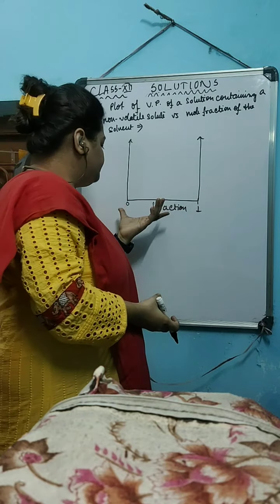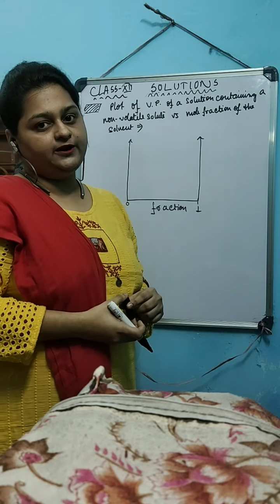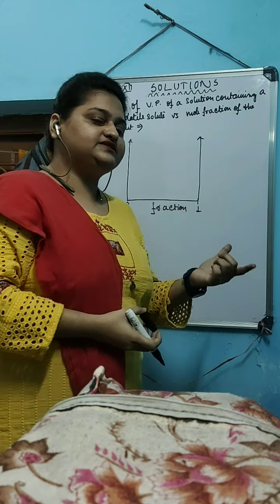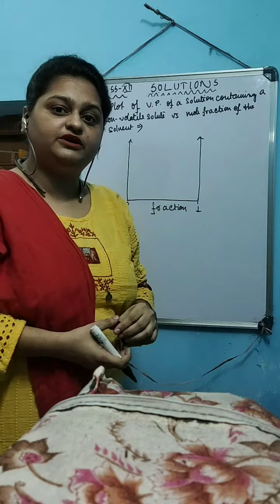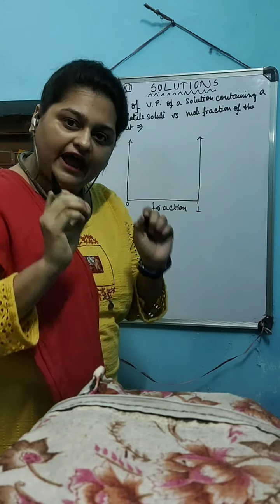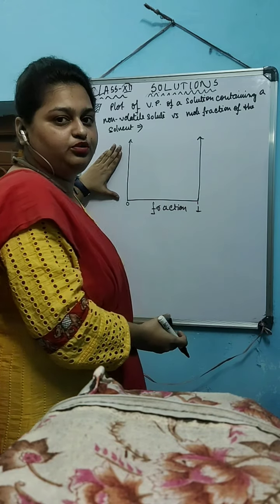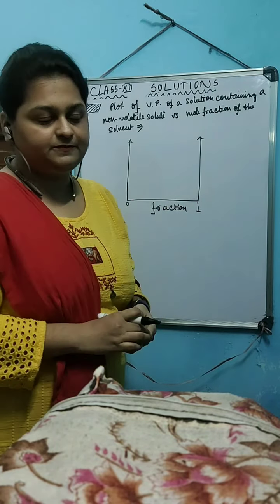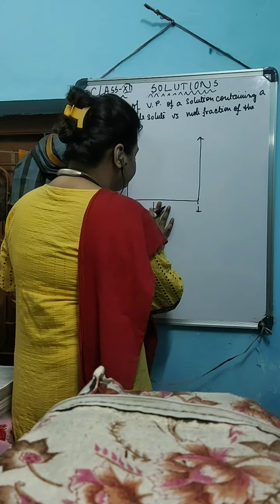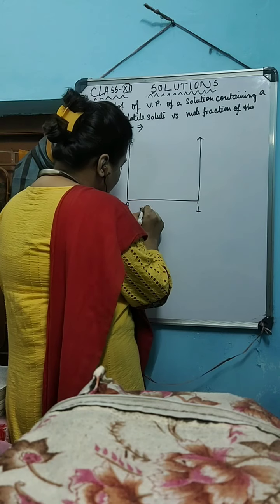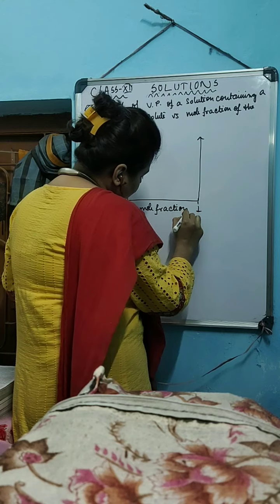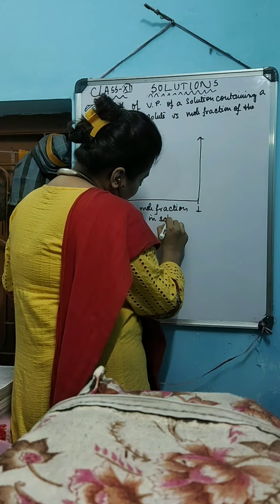This is a specific type of plotting where my x-axis is not increasing towards infinity, but confined to a limiting value between 0 to 1. In that case, I have to use this kind of plot instead of our normal plots. Now the fractional value that I am going to take here is my mole fraction in solution.